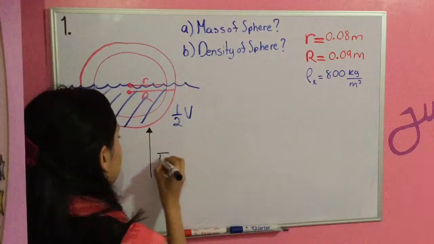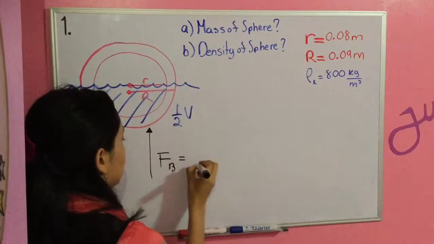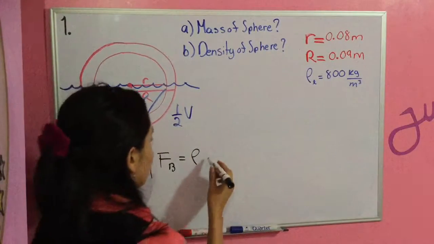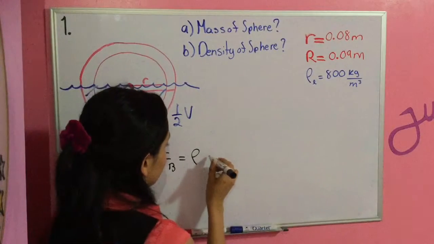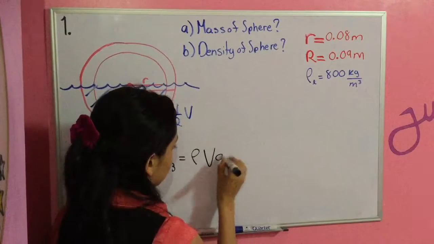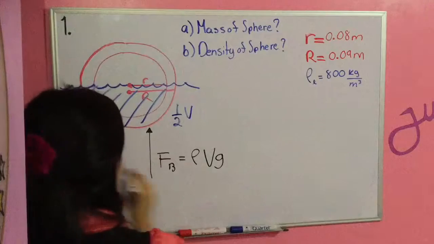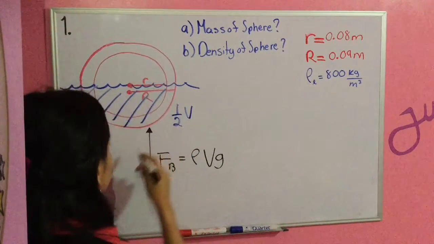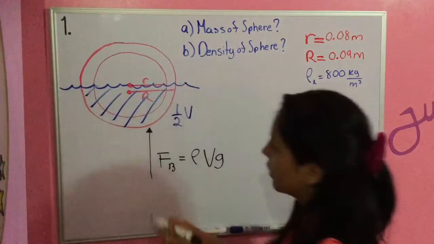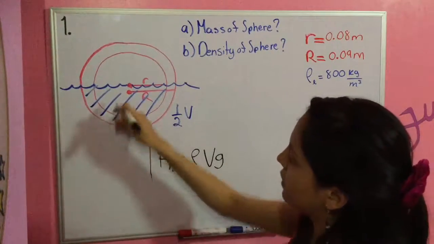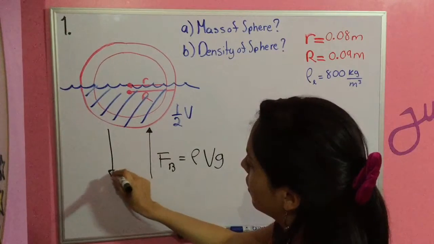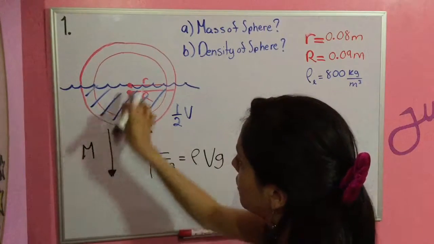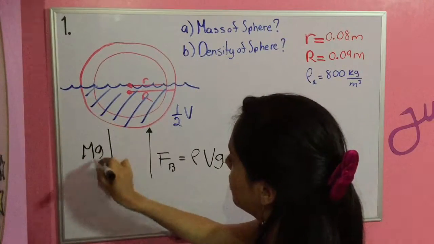So the buoyant force is equal to the density of the liquid in which the object is, times the gravity times the volume, of course, of the object. And also we have a counter force, that is the weight of the object, so the mass of the sphere times g.